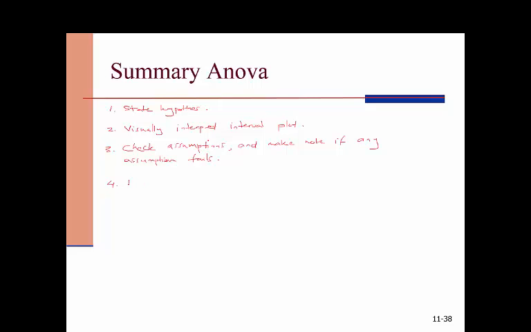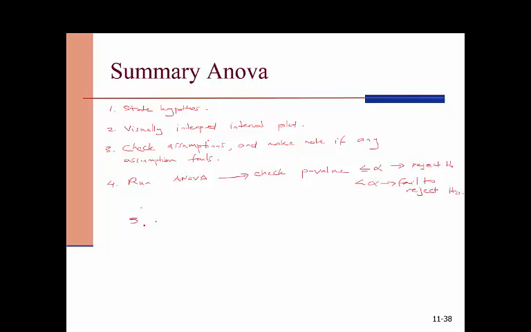Then run ANOVA, right? Check p-value. If less than alpha, reject H0. If greater than alpha, fail to reject H0.